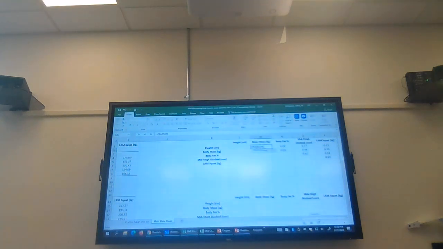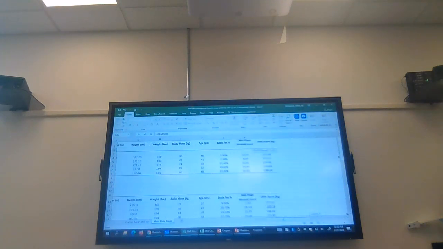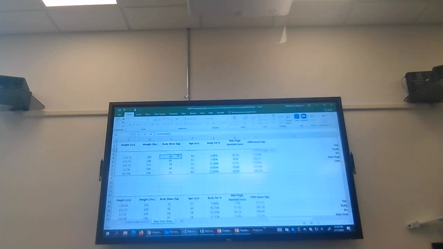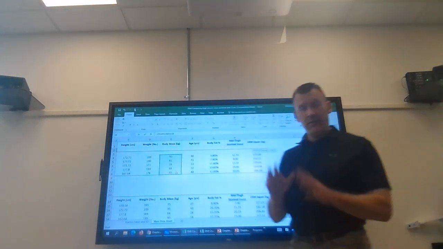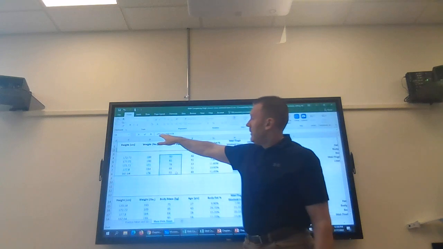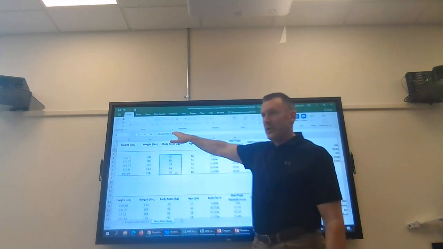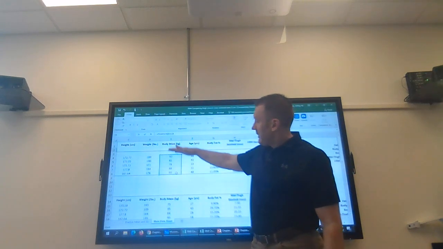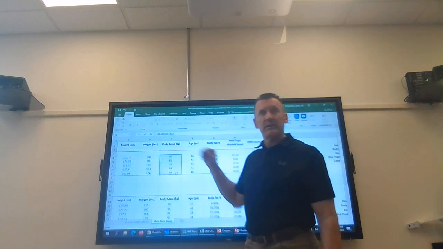You can just scroll over and take your body mass here. If you ever want to see what's going on with what you're putting into a cell, you can look up here. I just put in E4 to E8, just highlighted that.